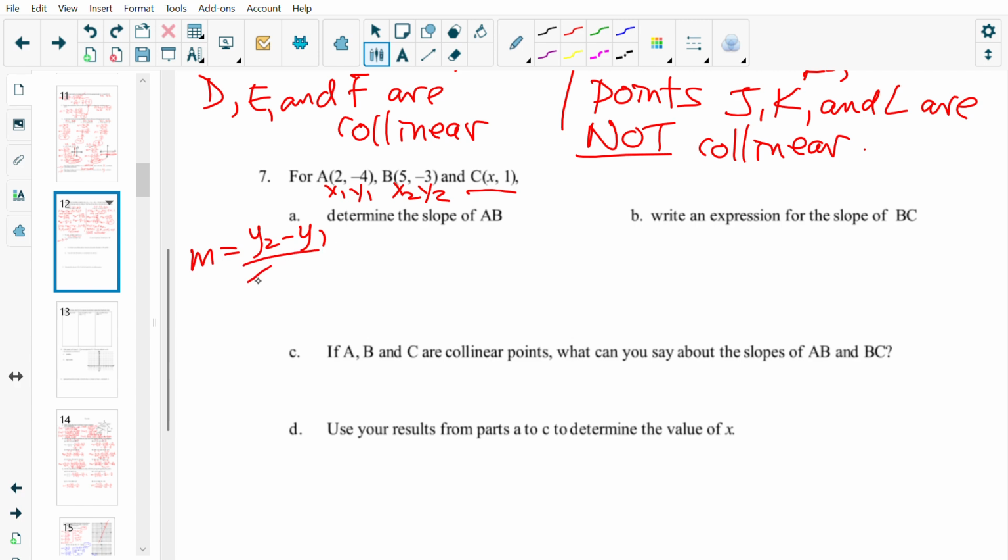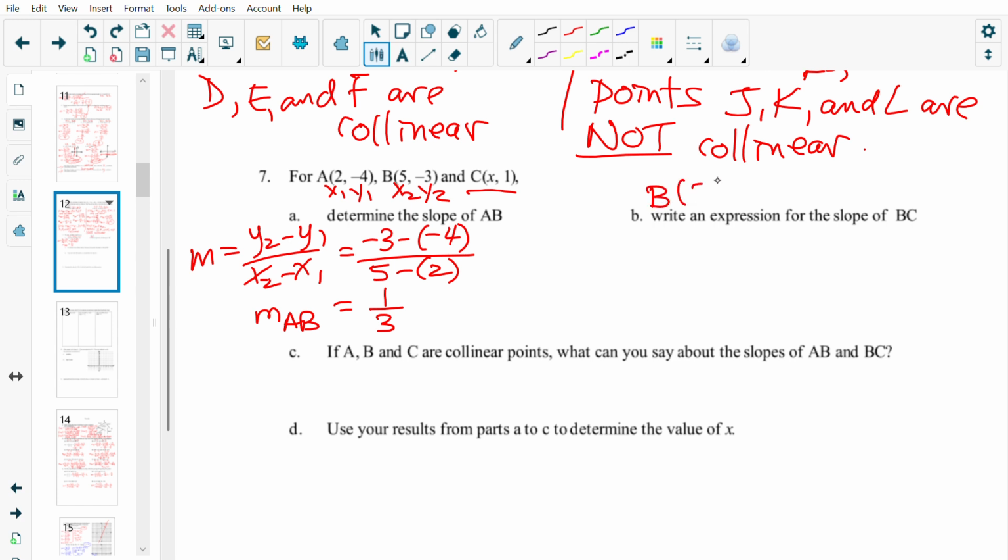Sorry, folks. y2 minus y1 over x2 minus x1. That equals negative 3 minus negative 4 over 5 minus 2. Negative 3 plus 4 is 1, and 5 minus 2 is 3. So the slope of AB is 1/3.